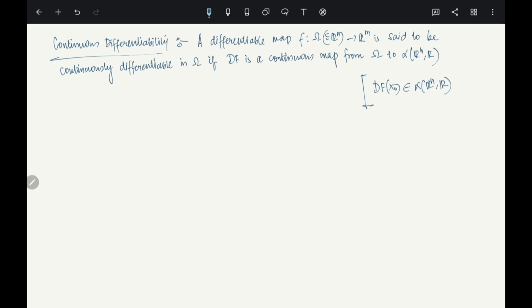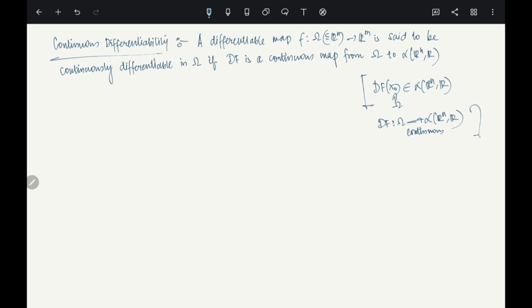Now x naught varies in omega, so this df is nothing but a function from omega to L(Rn, R). You can think of it like this. Now if this function is continuous, then we say it is continuously differentiable. I hope this is clear.